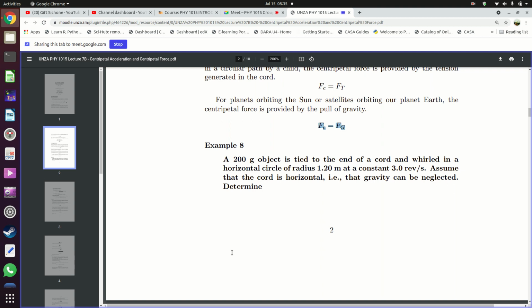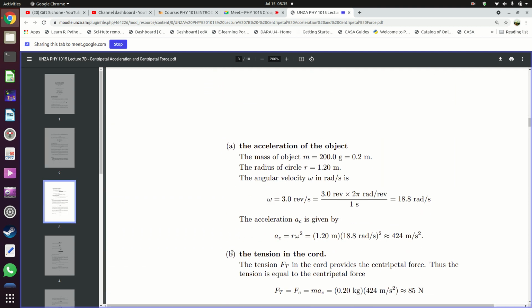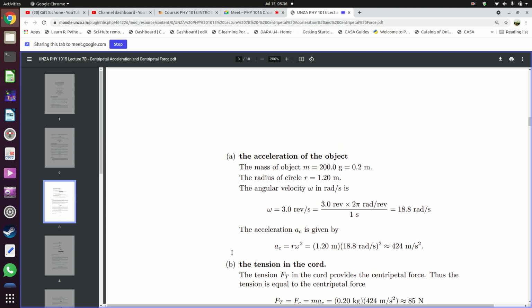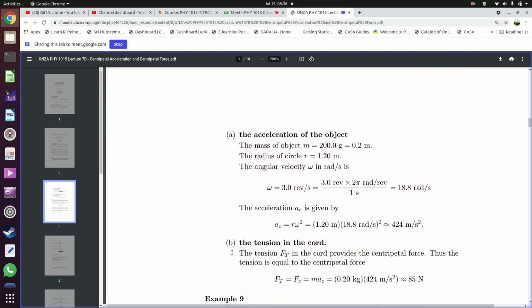Assume that the cord is horizontal. Sometimes that's what you assume, but physically, in reality, that's not always the case. So we're saying you can neglect gravity in this case. Determine the acceleration of the object. Since this object is moving in a circle, the acceleration we are talking about here is centripetal acceleration.